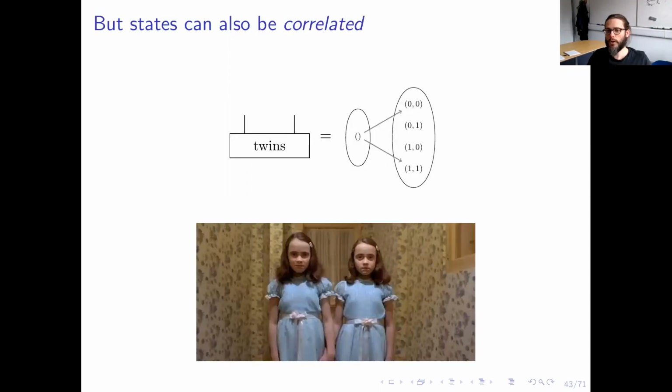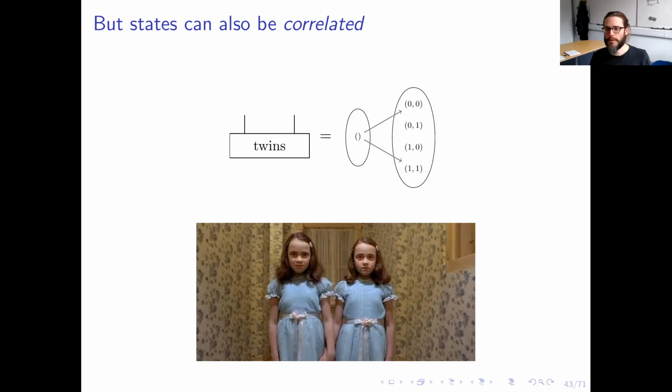But states can also be correlated. If you've done statistics, you should be familiar with correlations. This is the idea where I have some unknown which I could represent with probabilities, and things can be correlated to each other. So say I have 2 bits.